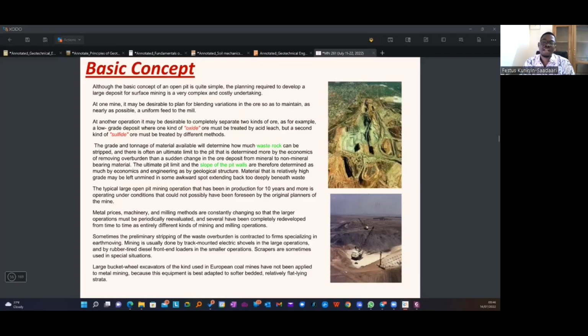When we mine them in batches like that, in that classification, the mine planners, the geologists and other people sit down and calculate a medium, a uniform grade, so that all the time we know how much grade we are feeding to our mill.